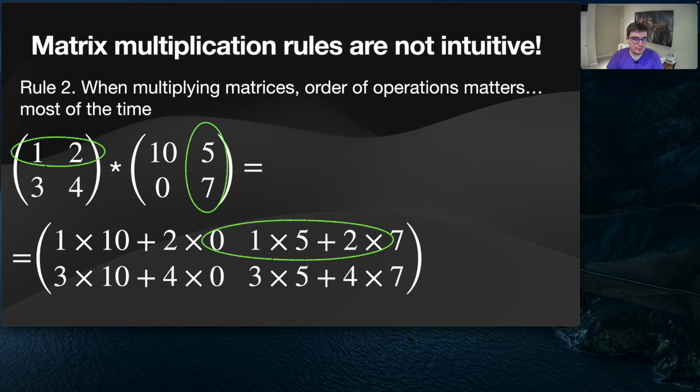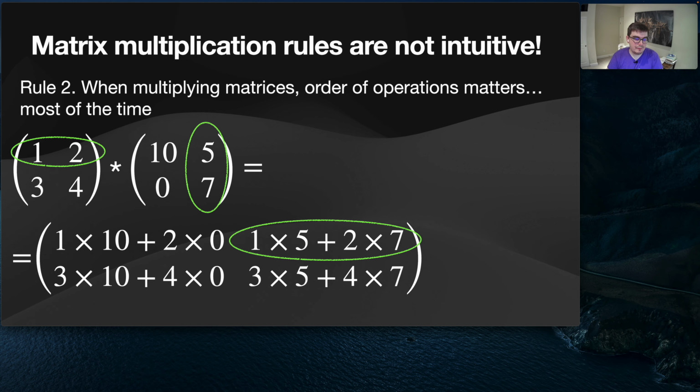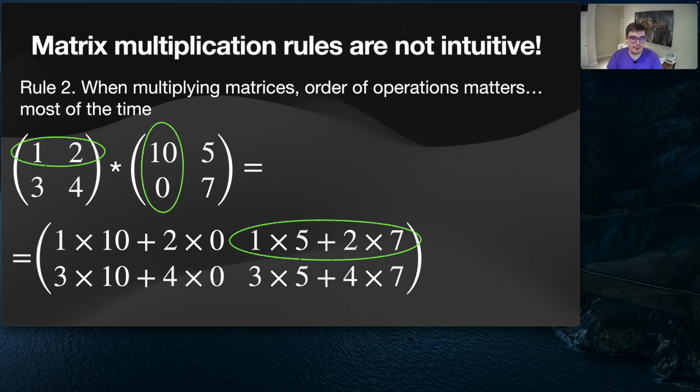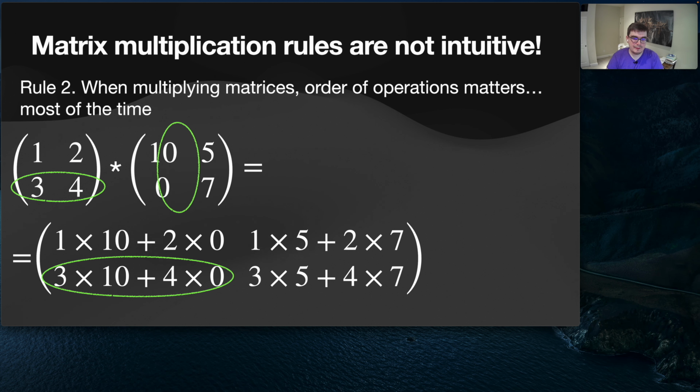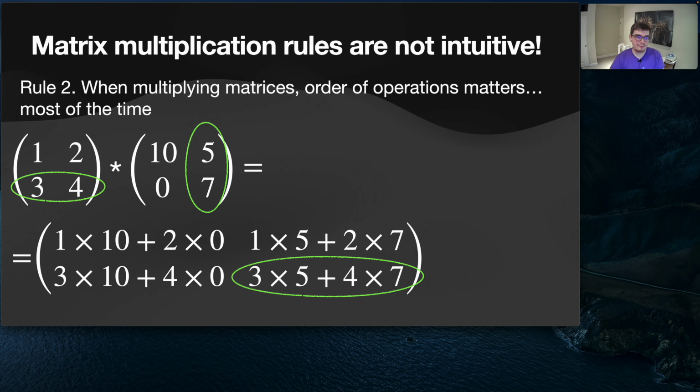Then moving to the top right cell, we multiply the first row of the first matrix with the second column of the second matrix. For the bottom left cell, we multiply the second row of the first matrix with the first column of the second matrix, and for the last cell, we multiply the bottom row of the first matrix with the last column of the second matrix.